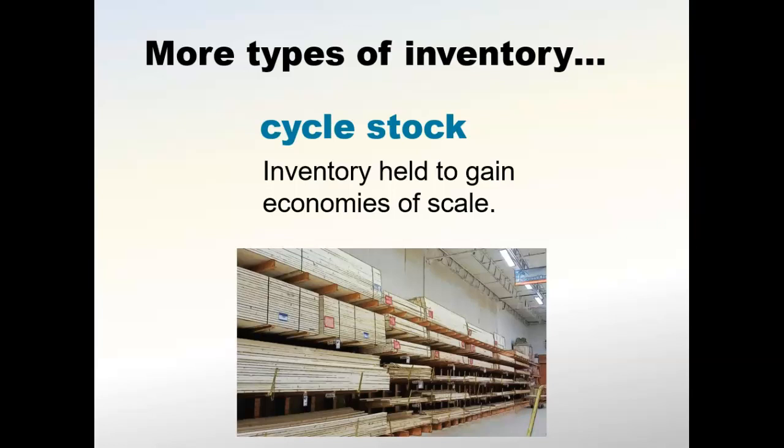Alternatively, scheduling the delivery of new inventory might have some inconvenient costs attached to it, regardless of how much is purchased. So the organization seeks to save money by ordering large amounts that last longer and reduce the frequency of deliveries. The resulting inventory that will be stored and used between deliveries is known as cycle stock.